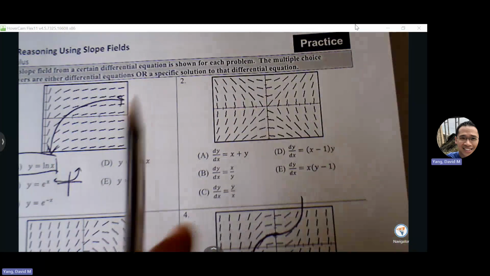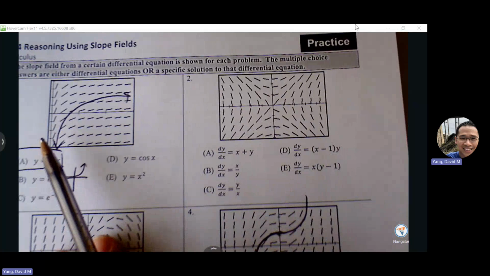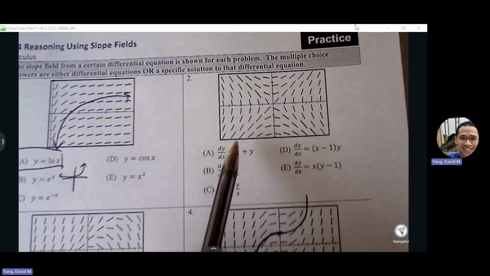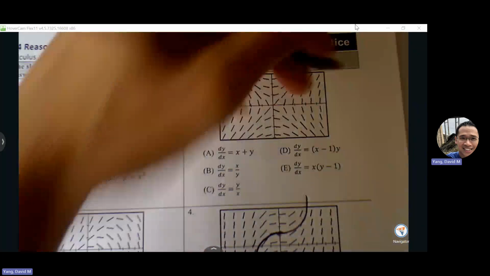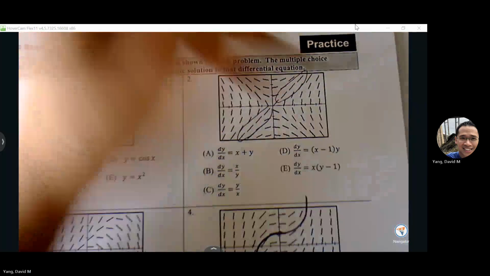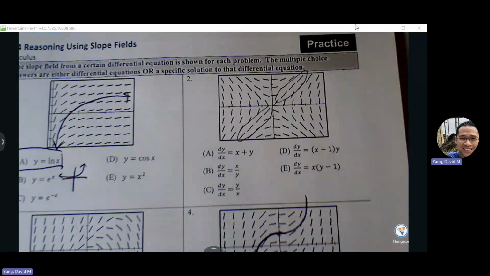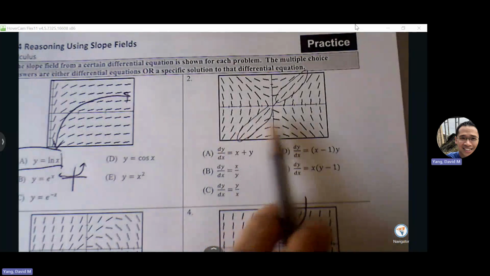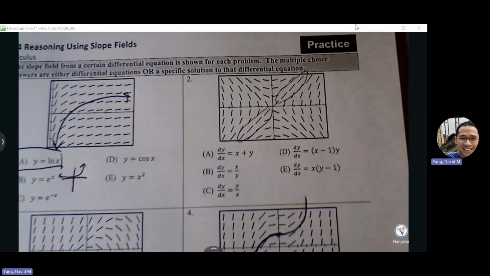I don't really see any slope zeros, right? We don't see any horizontal lines. We do see a couple of slope ones. These all look like slope ones here. It's hard to tell if there's any undefined slope, but that's a possibility. Sometimes things may be covered up by the x or the y axis.